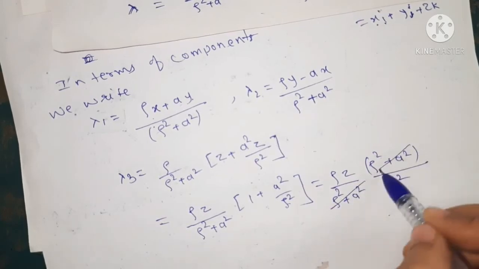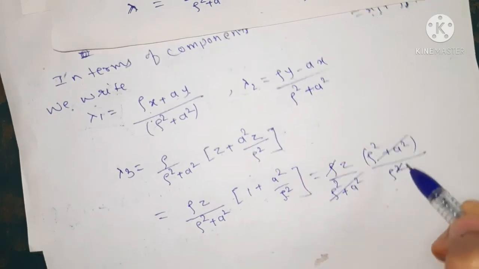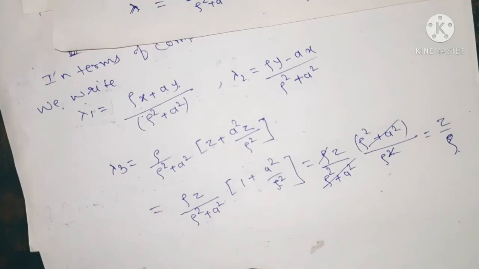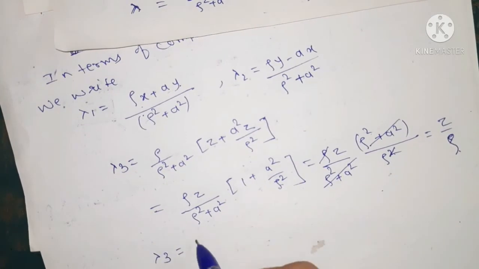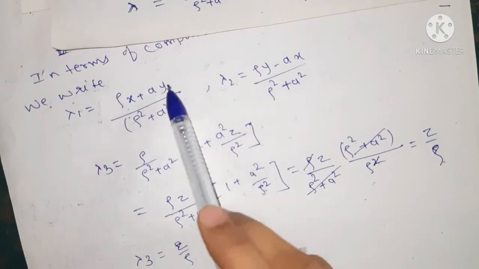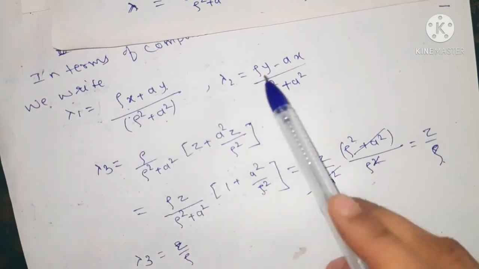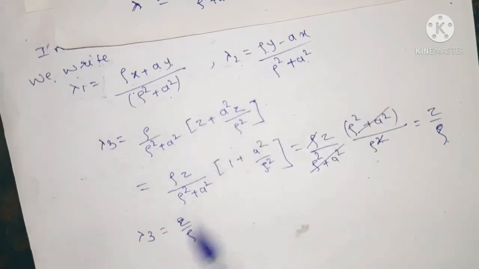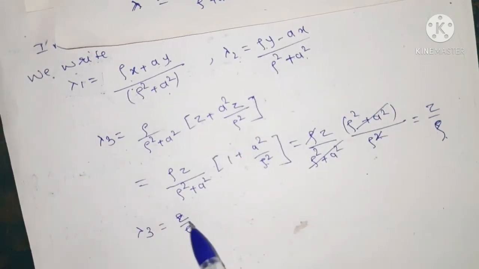Okay, so this term gets cancelled and this rho gets cancelled with this rho. So we have z upon rho. So the third component of lambda will be z upon rho. So the first is rho x plus ay upon rho square plus a square, lambda 2 will be equal to rho y minus ax upon rho square plus a square, and lambda 3 will be equal to z upon rho.